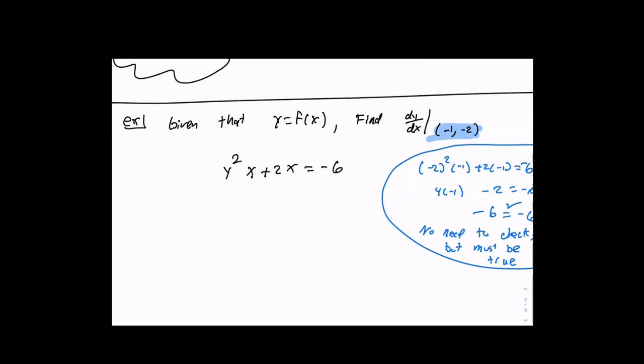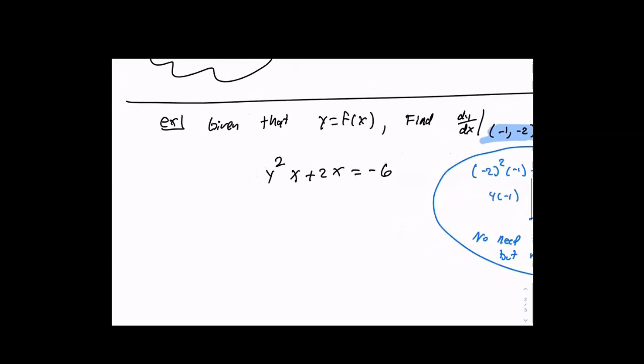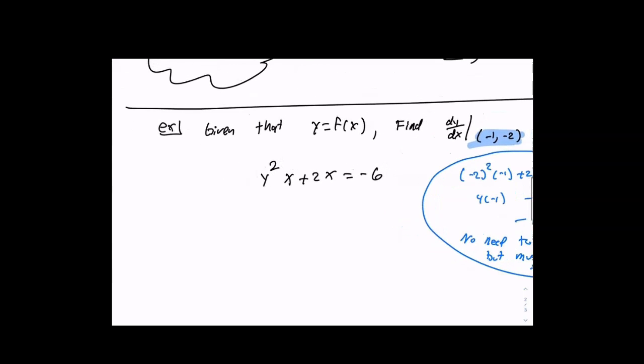You have to change the equation into a derivative. Yeah, so I have to find a derivative. I have to implicitly differentiate. For the y squared and x, you have to use the product rule.